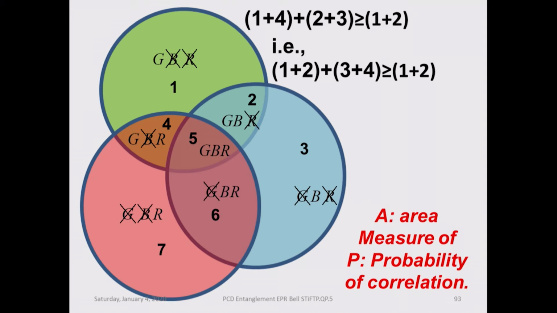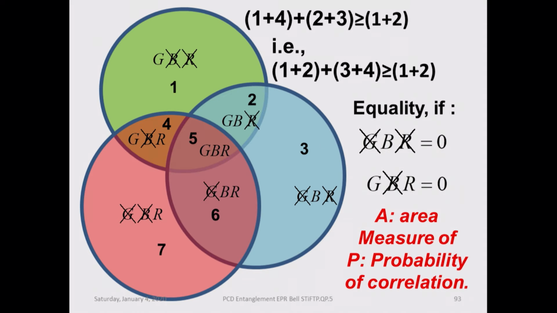It will be equal only if 3 and 4 go to 0, right. 3 is not G, B not R, right. Otherwise, the inequality will hold, and this is coming from the counterfactual hidden variables.